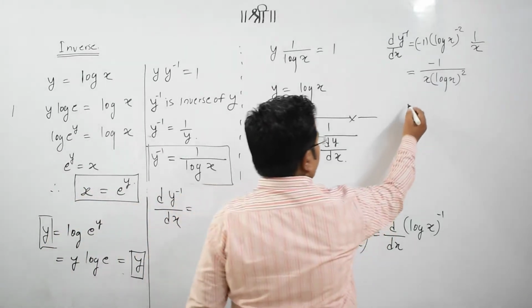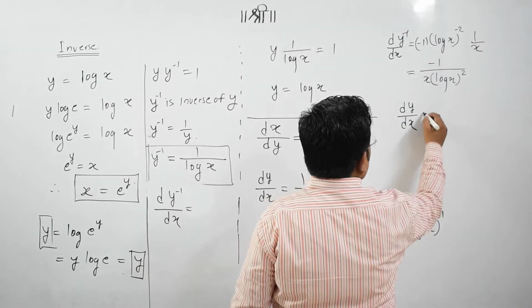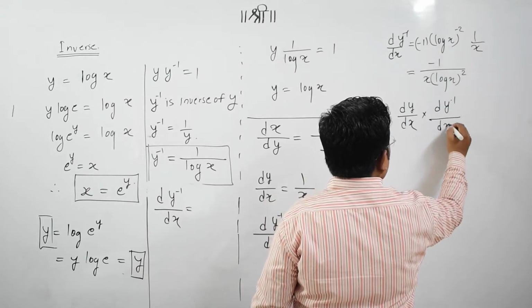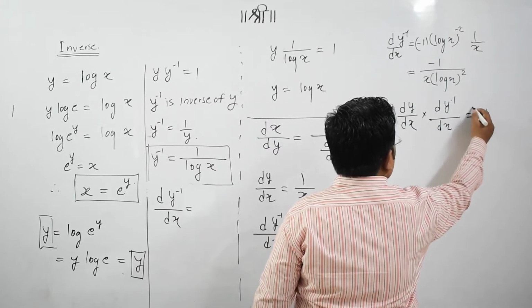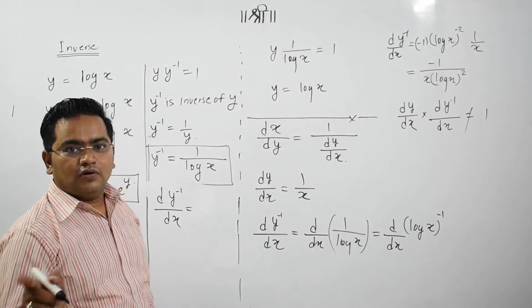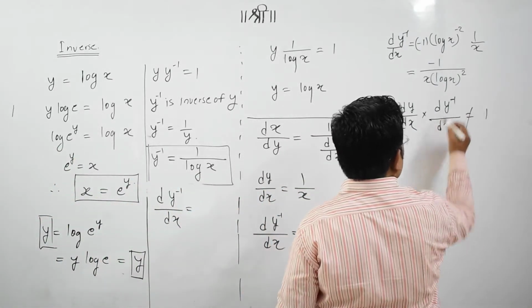No. It should be 1. So dy upon dx into d inverse upon dx is not equal to 1. It is not equal to 1, and that's how we have this problem.